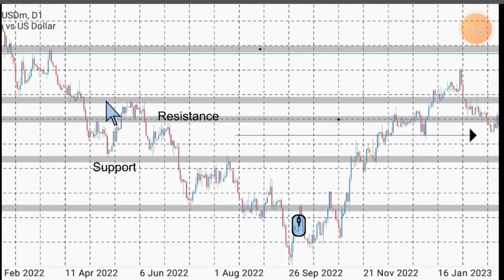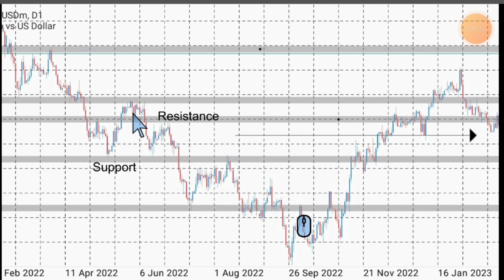So we had price coming to this support zone, touching a resistance line, breaking through, meeting a support here, and going back to this resistance. Support becomes resistance at this zone. You can see where price touched it as a support, and now it's a resistance line.